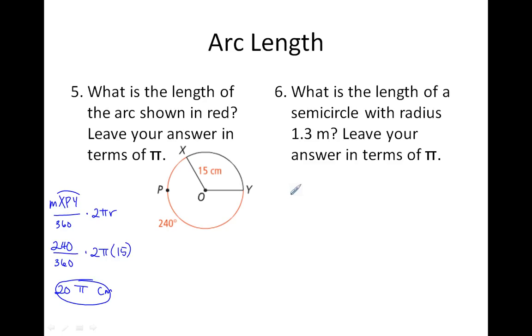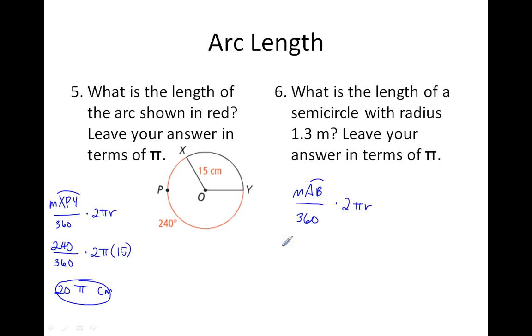For number 6, same idea. Now we have a semicircle with a radius of 1.3 meters. Again, we're going to leave our answer in terms of pi. So we're going to go with the measure of our arc. I'm going to call it AB because we're not specifically told, times our circumference.